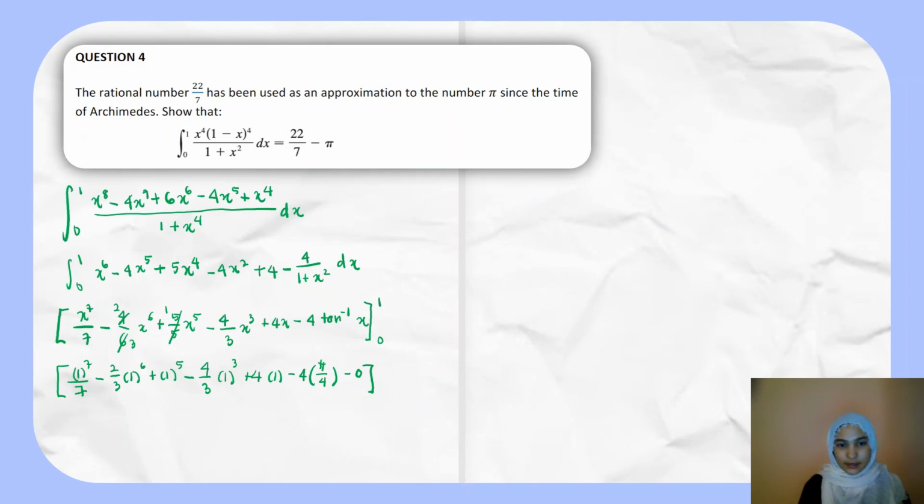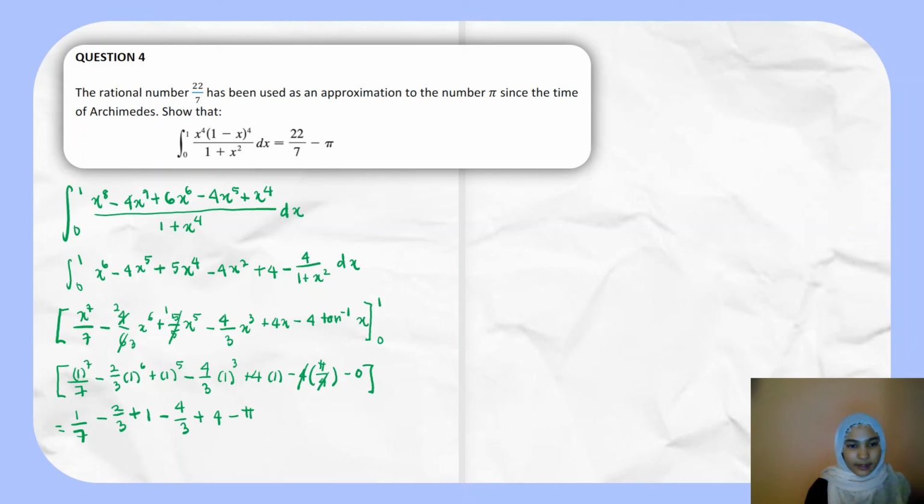So this 4 can be cancelled out. So you will get 1 over 7 minus 2 over 3 plus 1 minus 4 over 3 plus 4 minus pi.